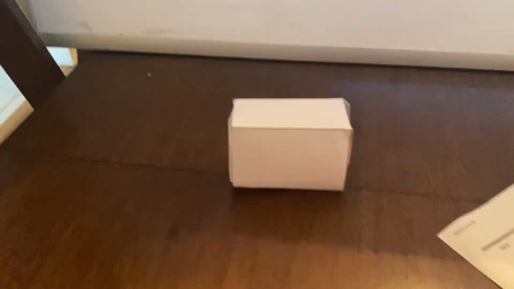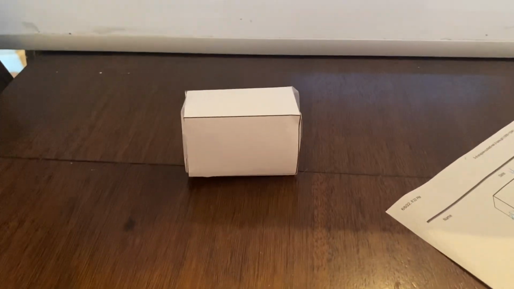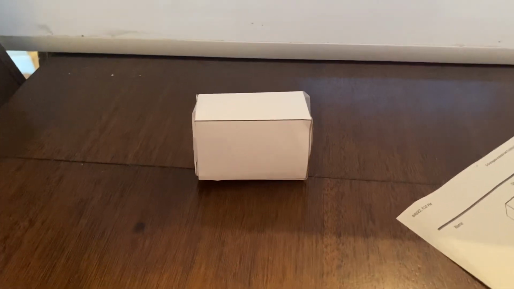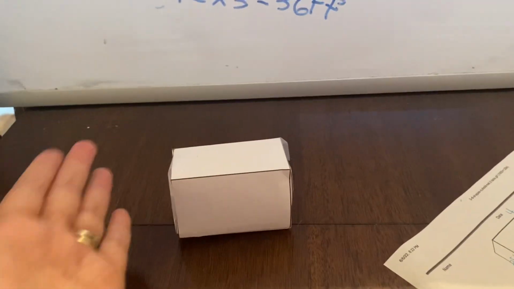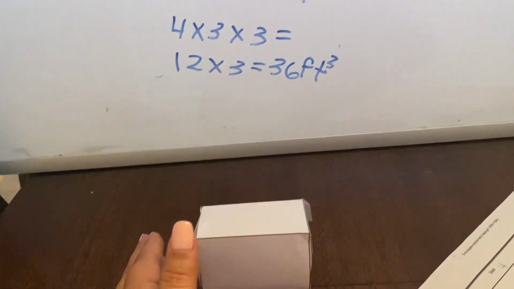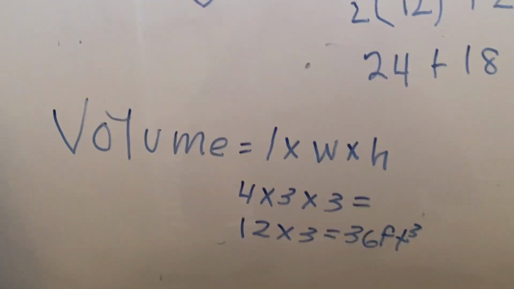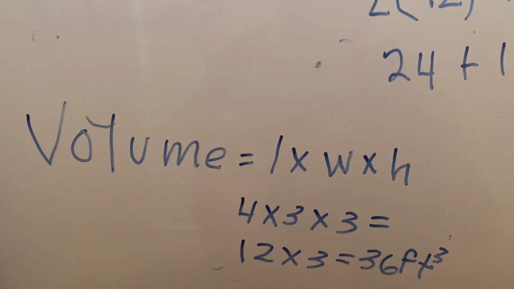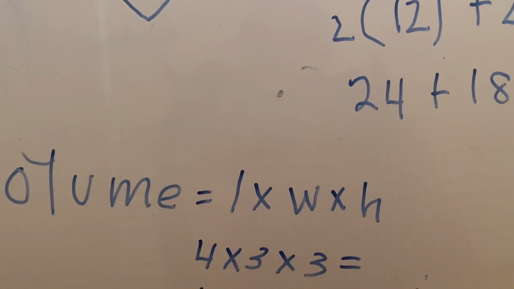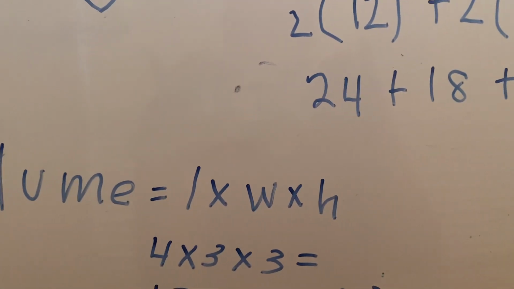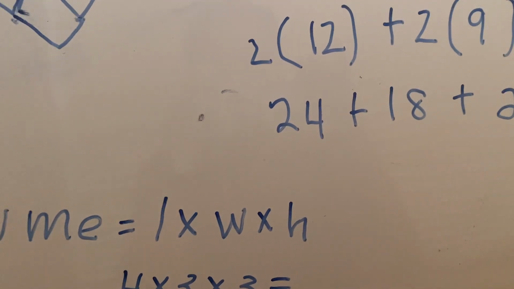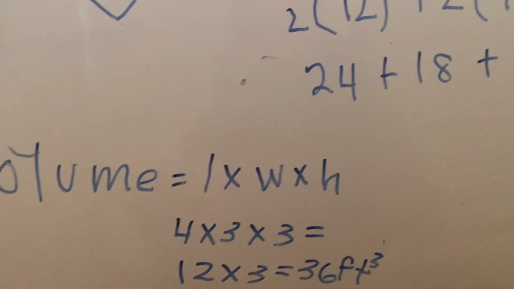But how do you find how much items can fit inside this cube? Because you want to know how much clutter you can hide. It's an important thing as a buyer, especially for a chest. So in order to find out our volume, we're gonna use this formula. Length times width times height will equal the cubic volume of an object.